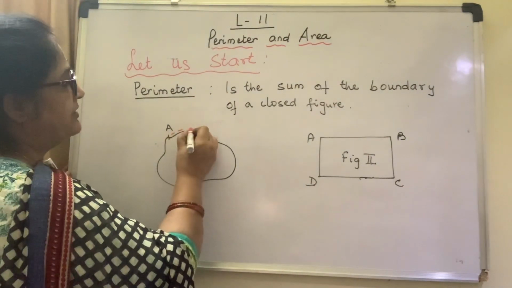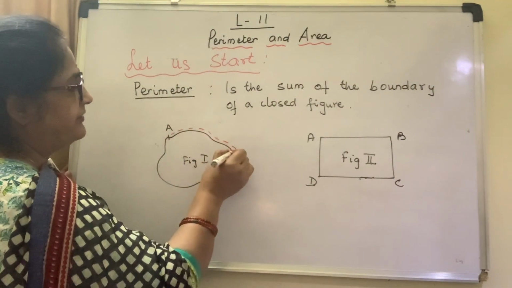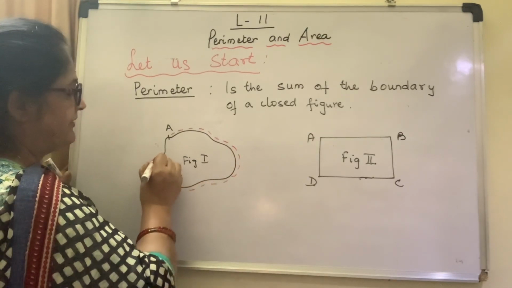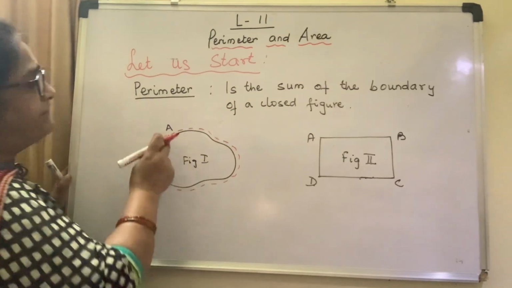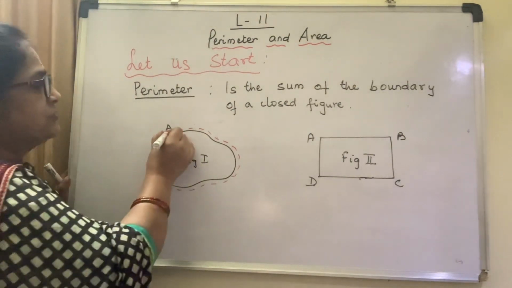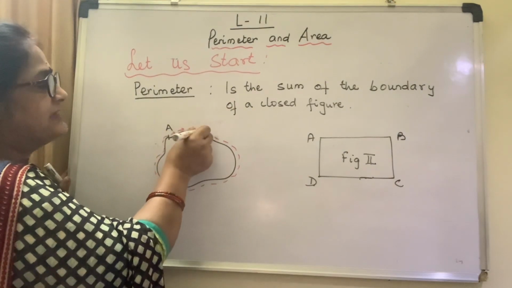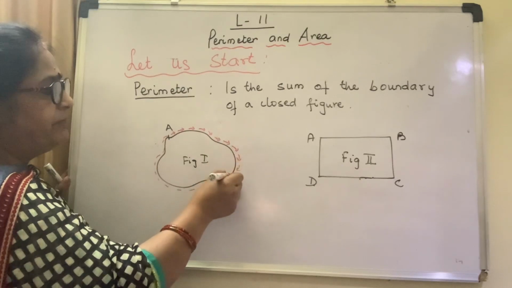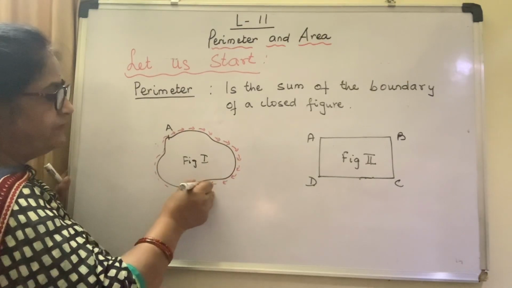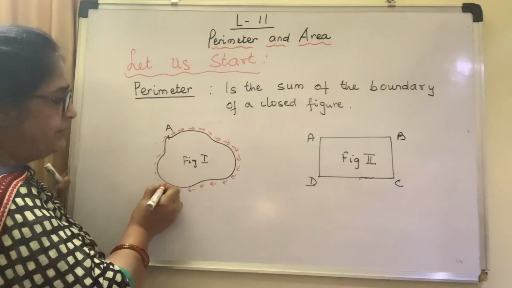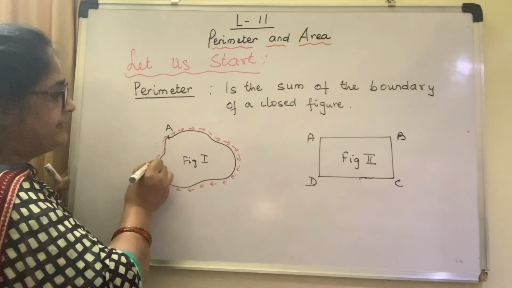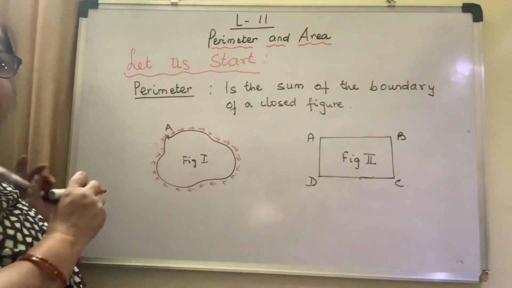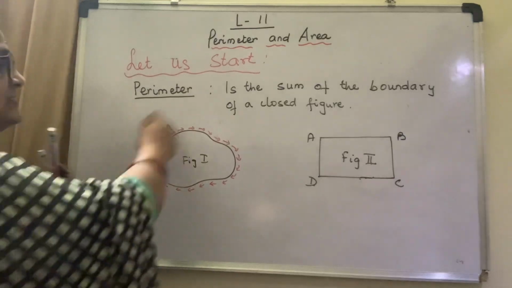So if I start from here, I move right around. I have completed the boundary when I come back to my original place. So we have moved around the boundary. Now the total distance that you have moved around the boundary is the perimeter of this figure.